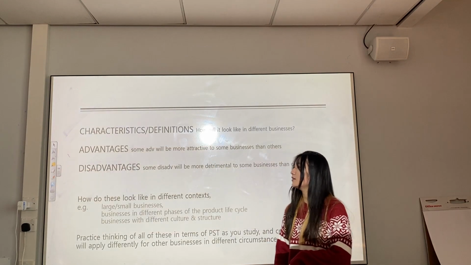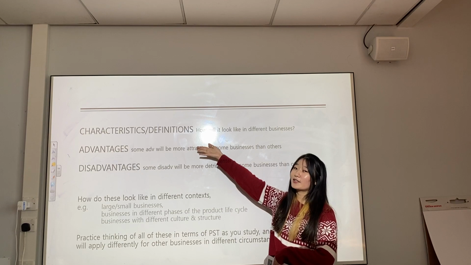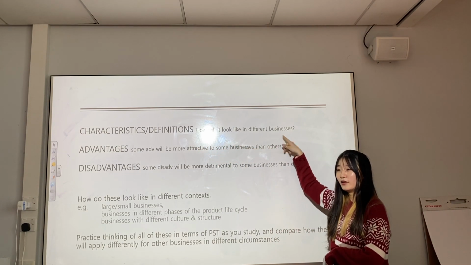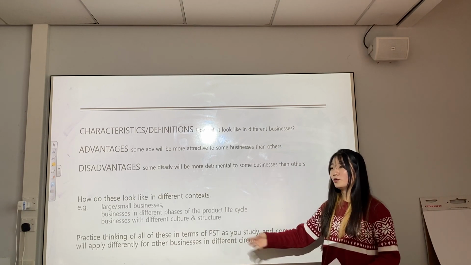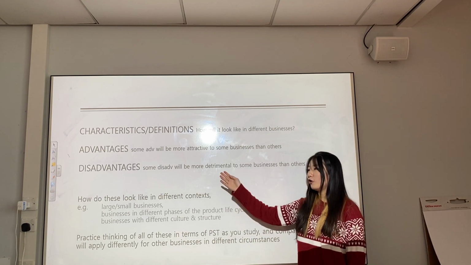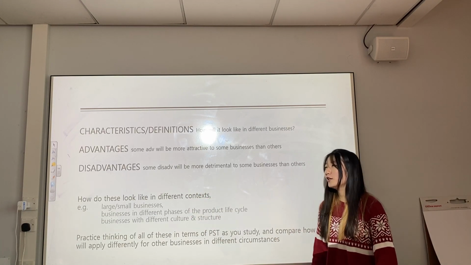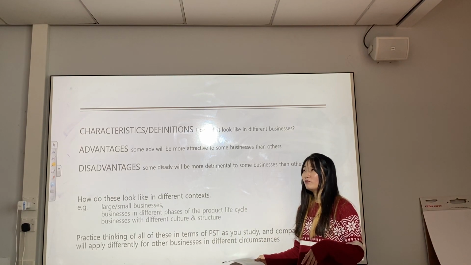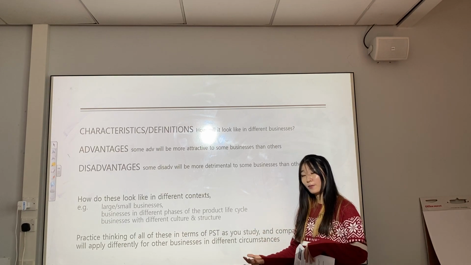Okay. So this is how you would study. You would first look at the characteristics and definitions and how it will look in different businesses. So labor turnover, let's look at that. It's how quickly workers change, how long they stay, how quickly they leave, how quickly they're filled again. How does that look in a small clothes store? This could mean low labor turnover in a small clothes shop.